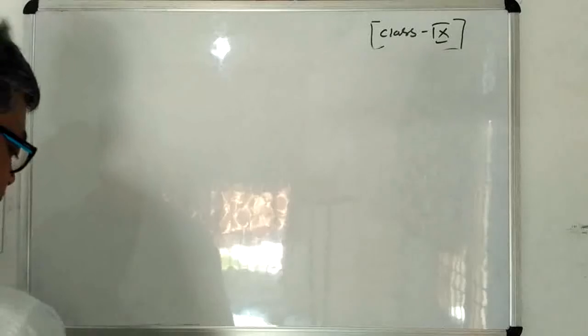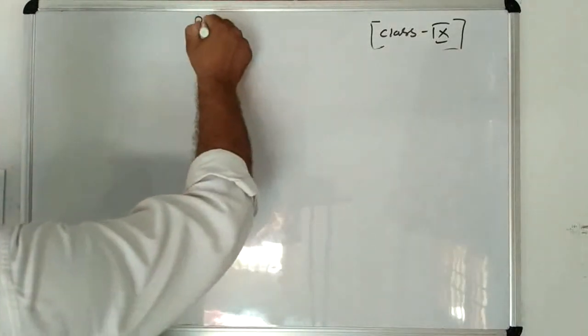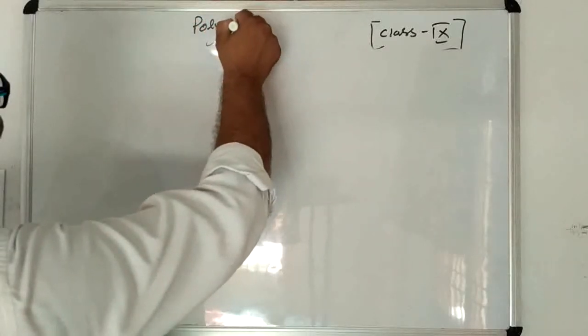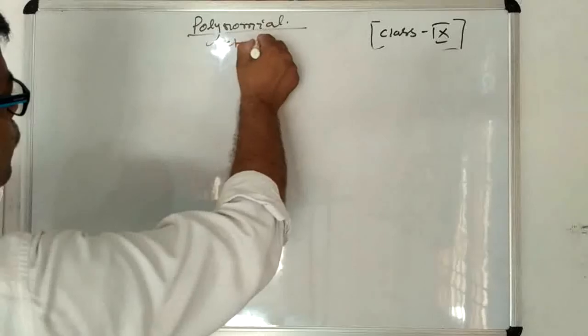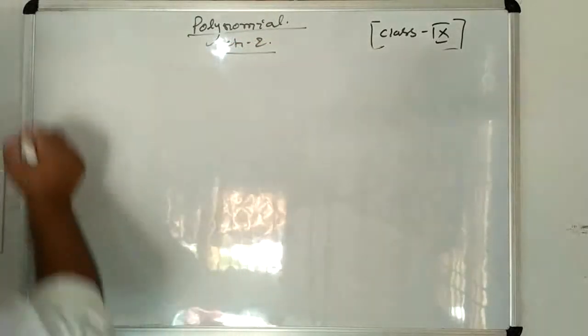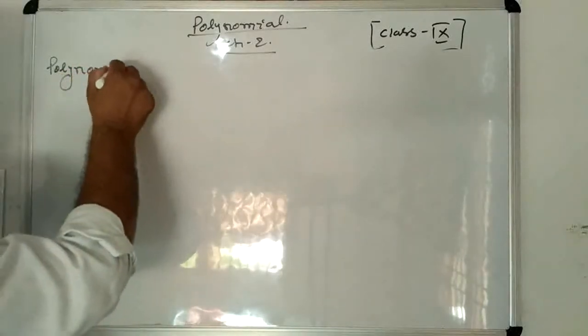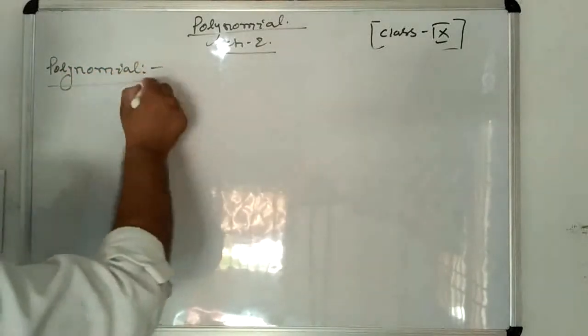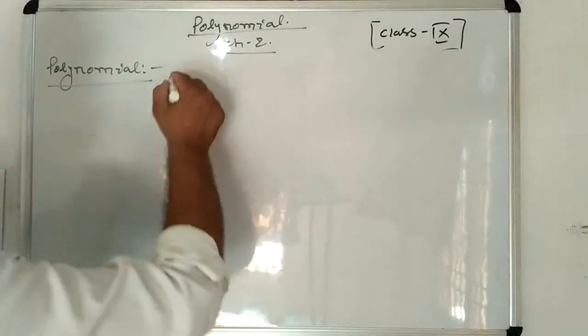Our second chapter is polynomial. Chapter number 2. Children, first of all, we need to know what is polynomial. So there is a definition of polynomial. First you know the definition.